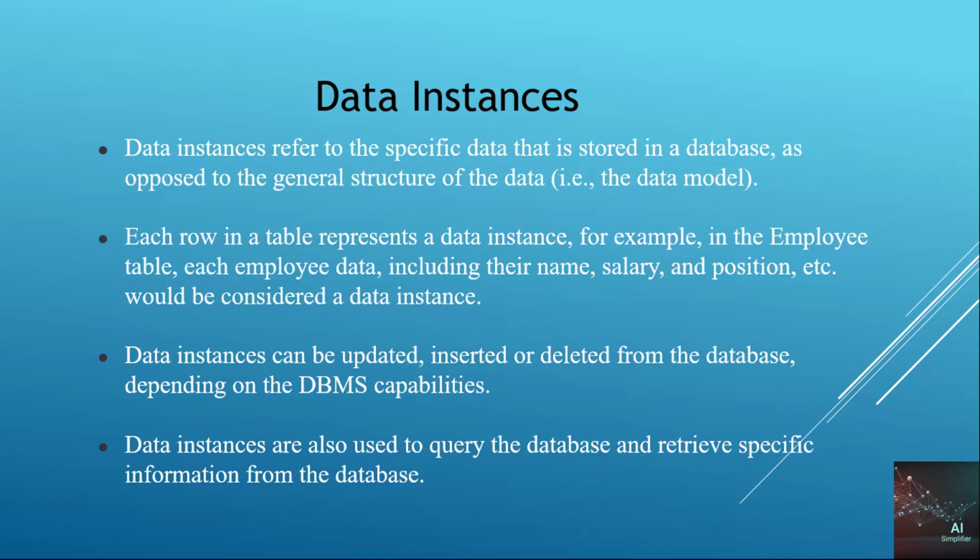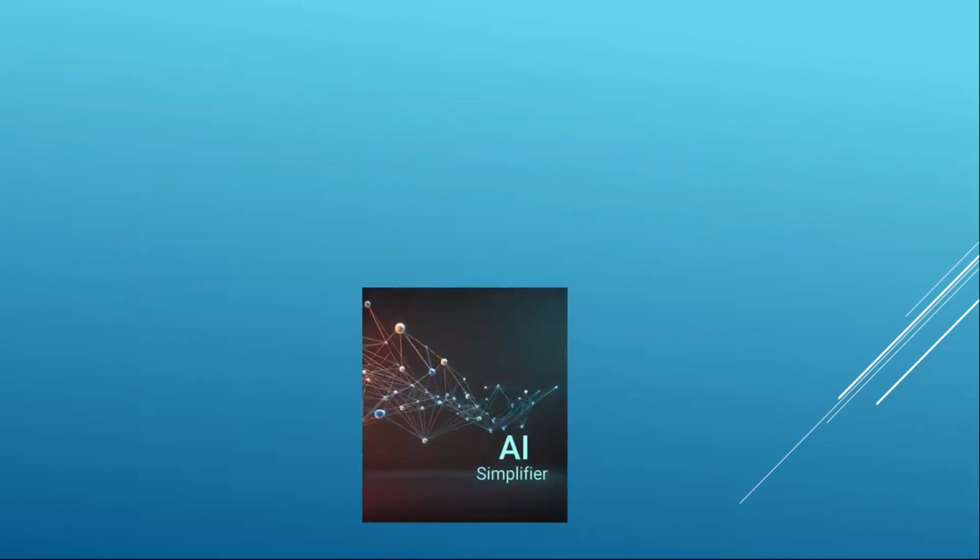For example, if I have an employee table and the columns are employee name, employee salary, and employee position, then each row of the employee is known as a data instance. Clear? So data instances can be updated, inserted, or deleted from the database depending upon the DBMS capabilities.